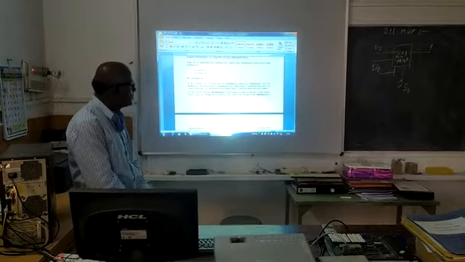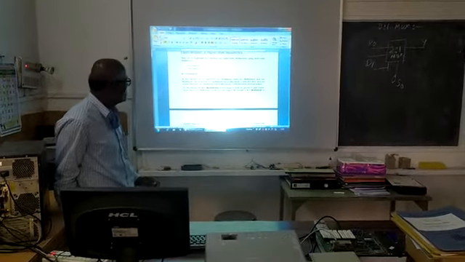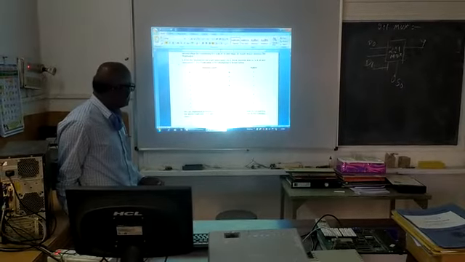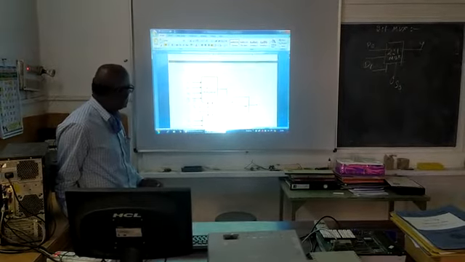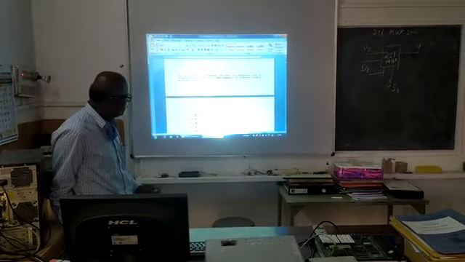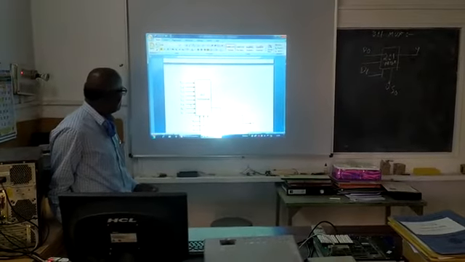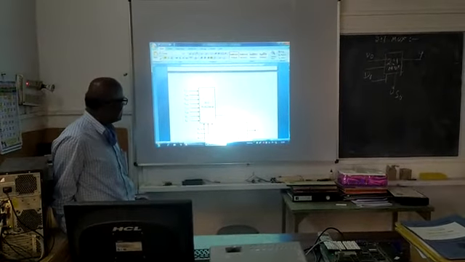If it is not given in the syllabus, we can still go ahead if we are interested. It is given in the figure, an eight to one multiplexer.